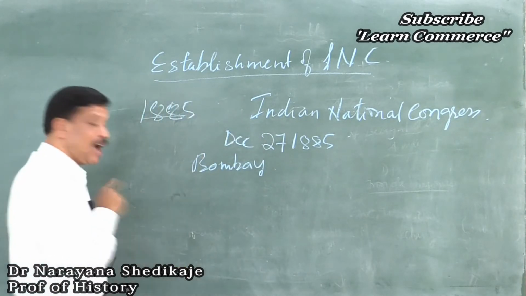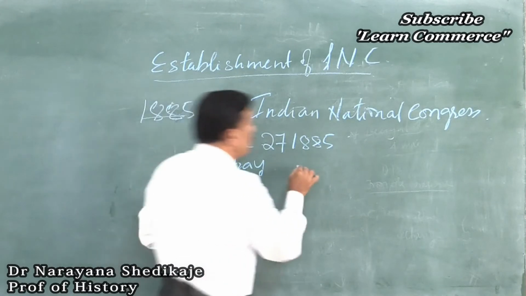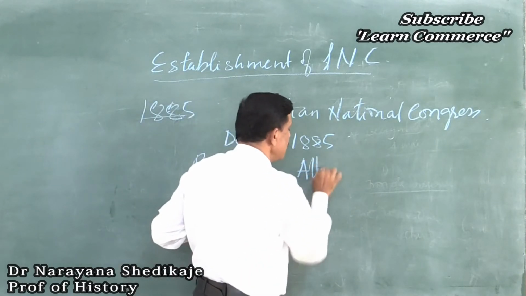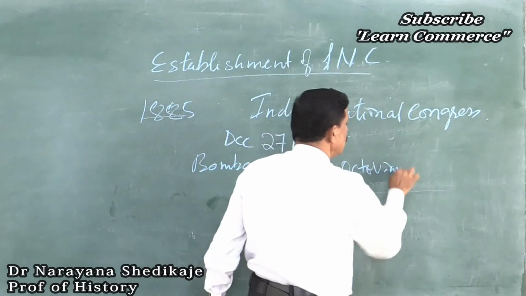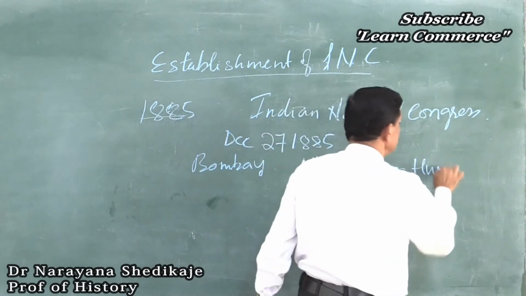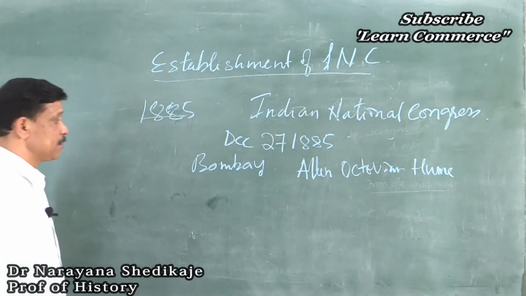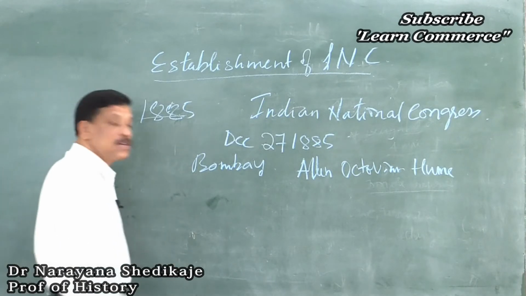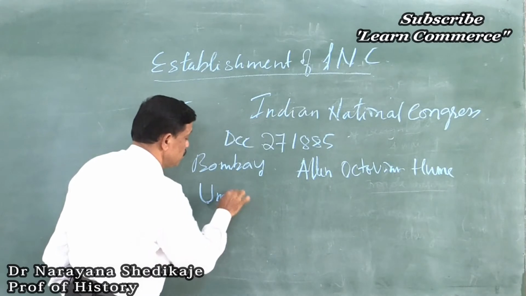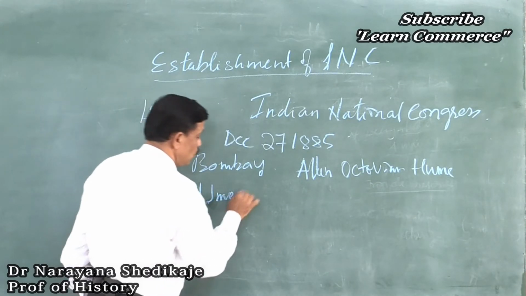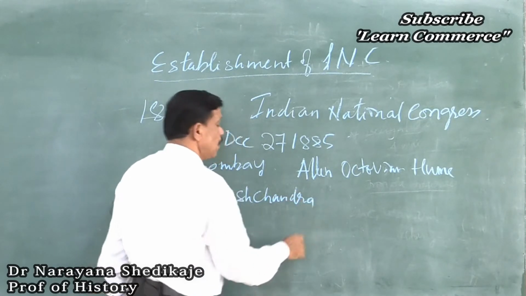And the man behind the establishment of this association was a retired British officer, Octavian Hume, A.O. Hume. And the first president of the Indian National Congress was Umesh Chandra Banerjee.